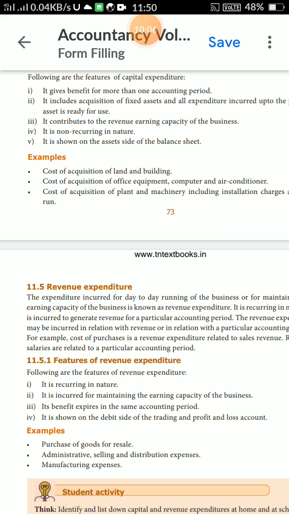That is three important 3-mark sums in this chapter. It is very easy. Everybody write the sums of this lesson.